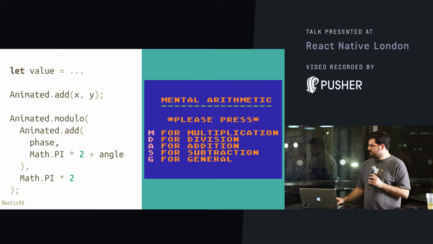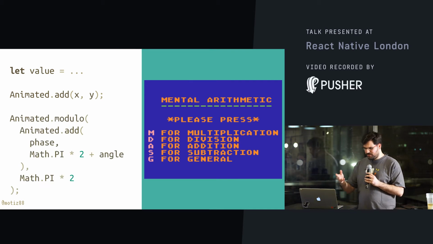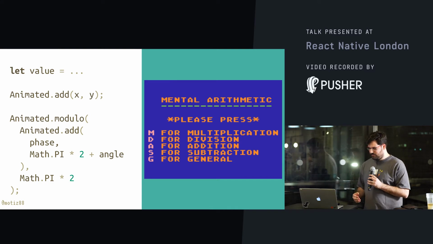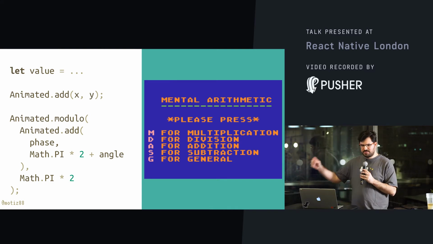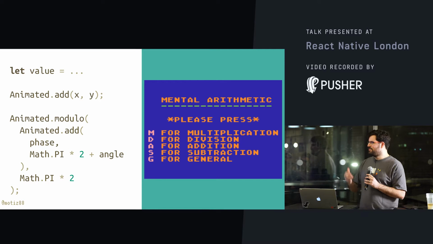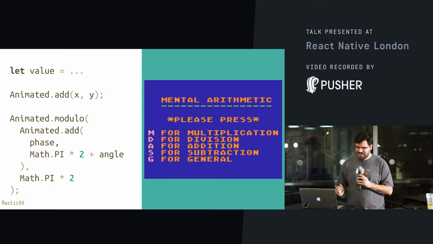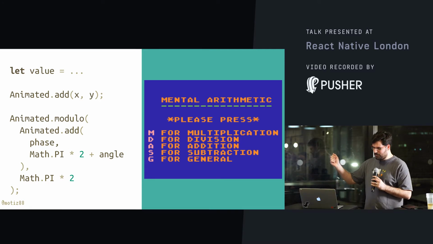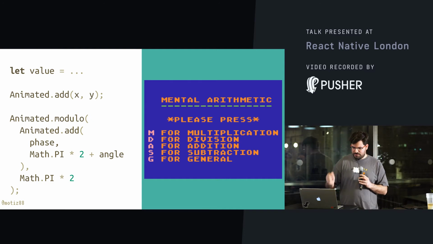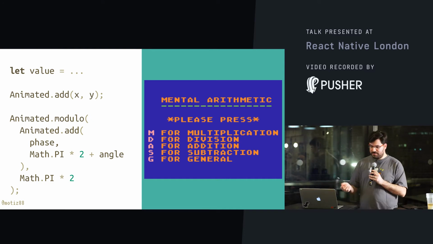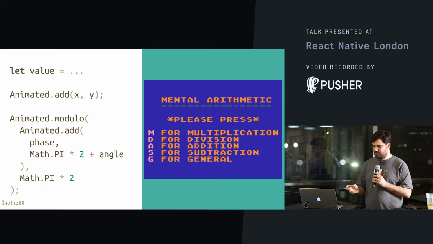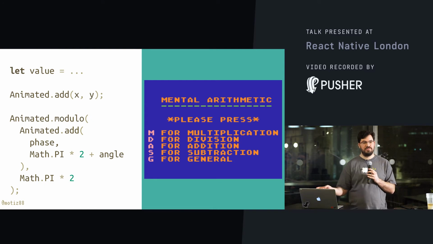A more involved real-world example, modified from an app that I actually built. This has to do with a circular progress indicator with pulsing animations. You should have seen it. It's a shame I don't have it in my slides. So in this example, phase is an animated value, and angle is just a plain JavaScript variable that holds a number.